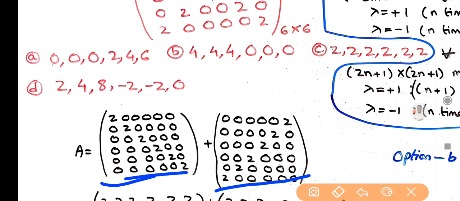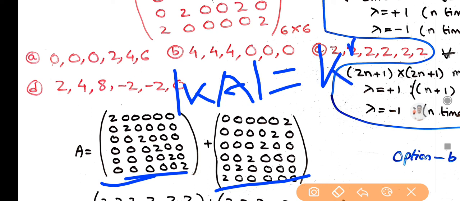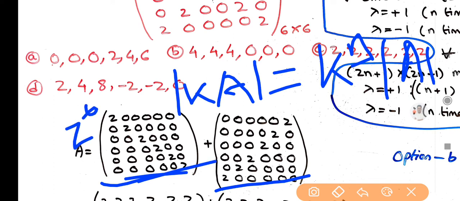Now, why 2 to the power 6 in common? Because if you take any scalar common from any matrix, where k is a scalar, that is k to the power n times the determinant of A. Here n is the order of the matrix basically. So 2 to the power 6 multiplied by the identity matrix.